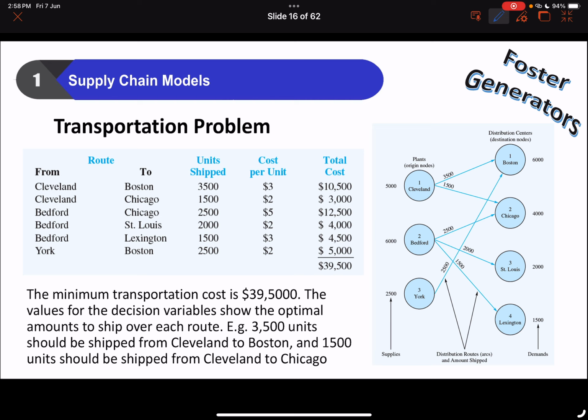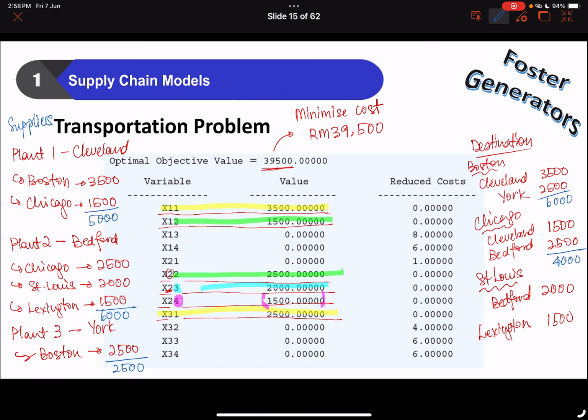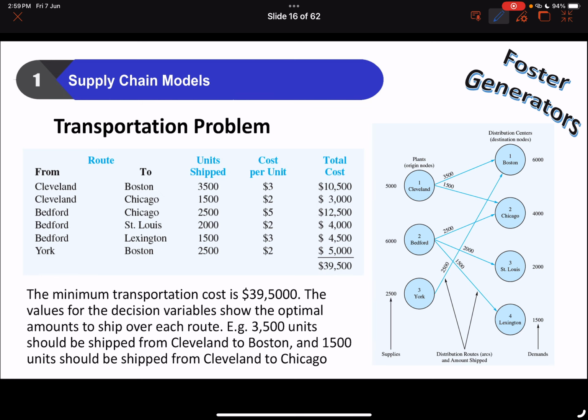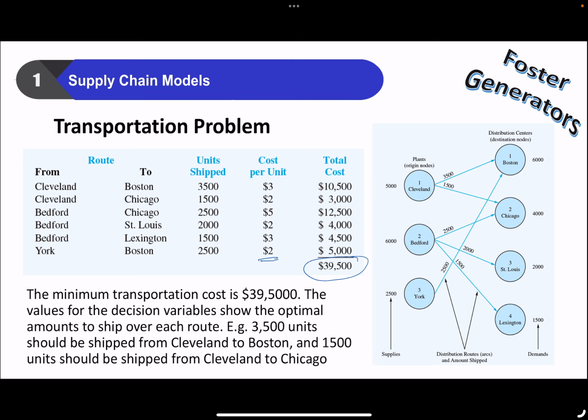Now if you want to calculate physically the total cost, we look at the route. We have already identified the route, so you can use either this side or this side. We multiply each route by the cost per unit, and we get that the total transportation cost is $39,500.